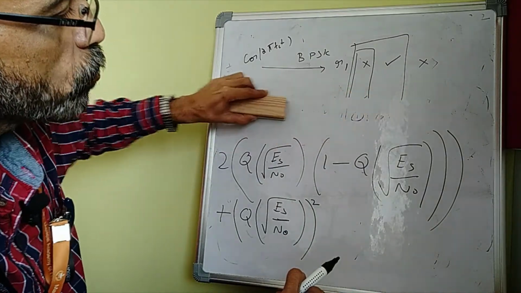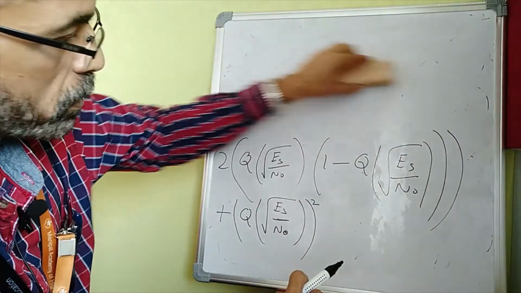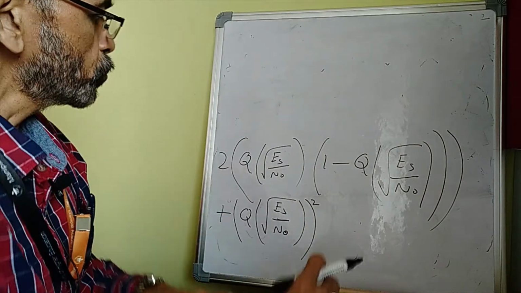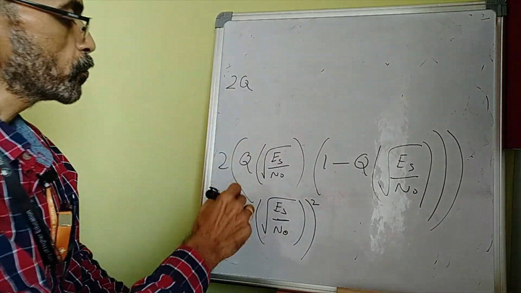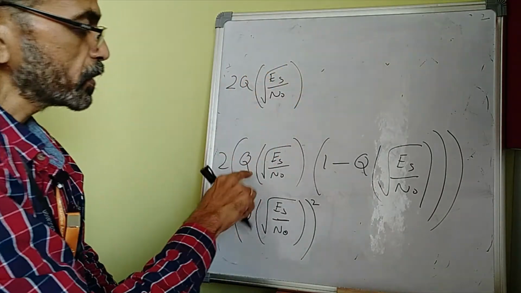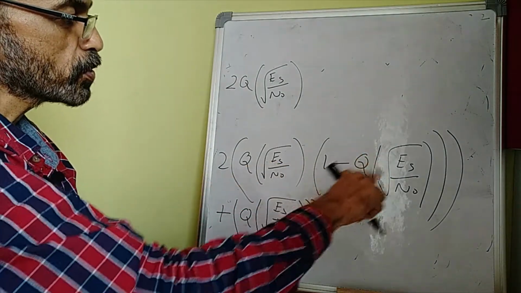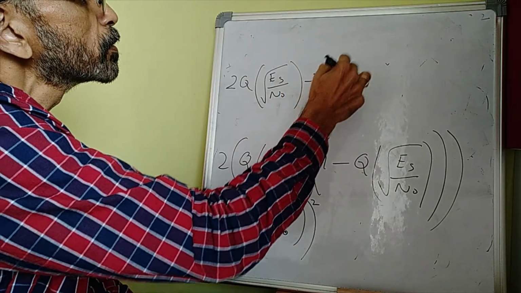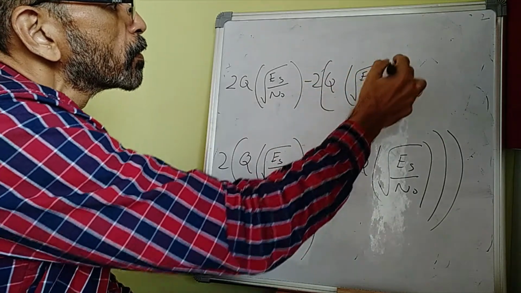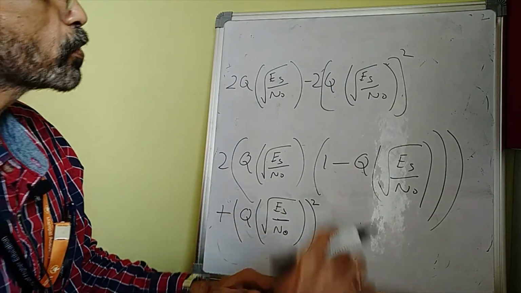Now the symbol error rate in QPSK is simply the result we have here, and you can expand this and show that it is 2Q root Es by N naught minus 2Q root Es by N naught whole square plus Q root Es by N naught whole square.